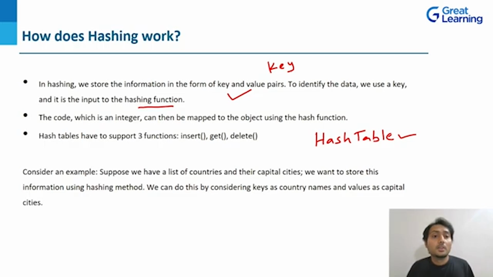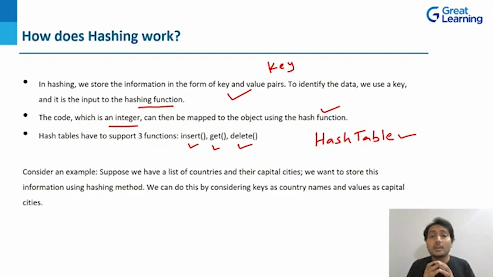After that, your hash table should also support the basic functions like insert, get, that is extract, and delete operations. Generally these three functions must be supported by your hash table. Now this code, the hash code we're talking about, is generally an integer code which is always mapped to the object using your hash function. As simple as that.